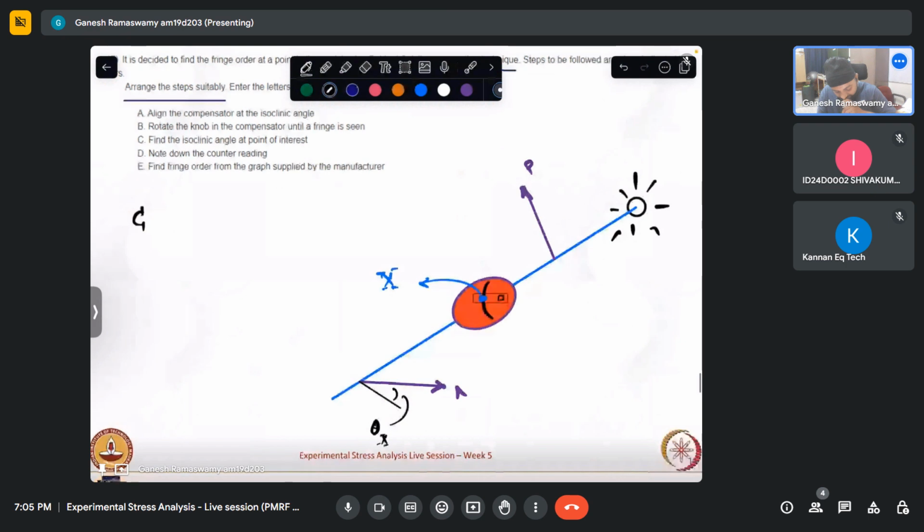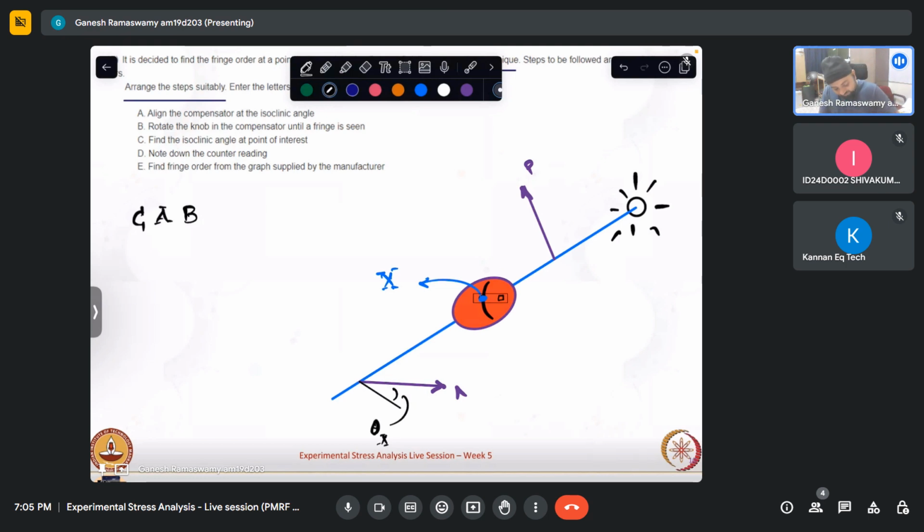Next, we align the compensator at that isoclinic angle. Then we rotate the knob such that the fringe passes through the point of interest.